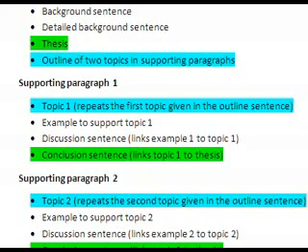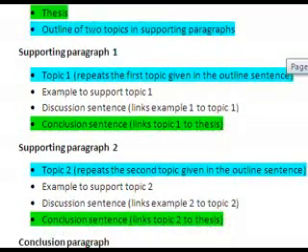And the conclusion sentence links your supporting paragraph back to the thesis. So this is the actual sentence that keeps the entire paragraph focused on what you're arguing in the thesis.